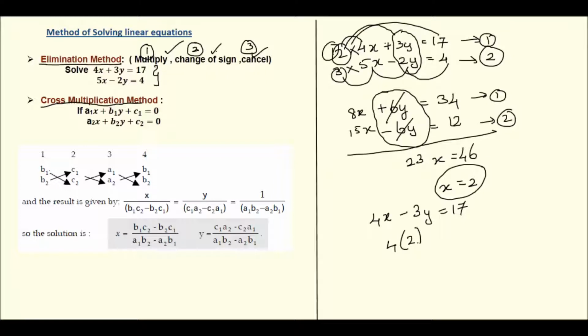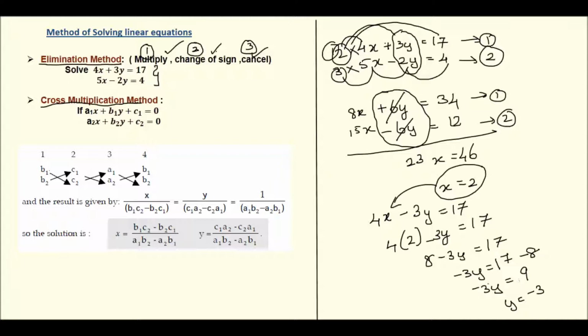Now 4 into 2, I am substituting the value for x here for finding the value for y. 8 plus 3y is equal to 17, so 8 comes to the other side: 3y is equal to 9, y is equal to 3. Got it? This is the method of elimination.